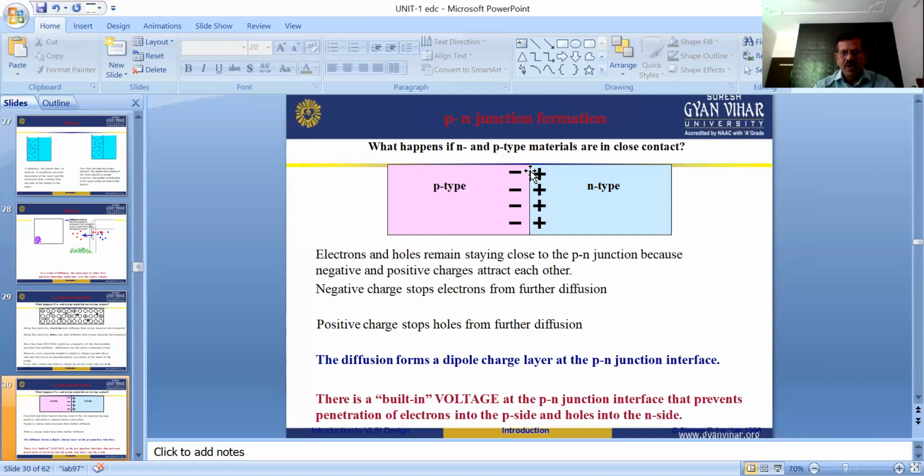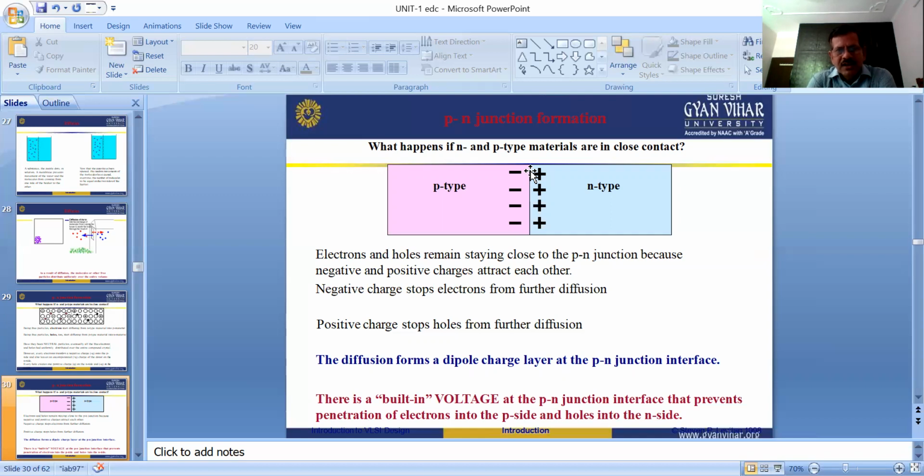This immobile charge layer is called the depletion layer. The depletion layer forms across the junction, and there are immobile charge carriers: on the P side, the negative charges, and on the N side, the positive charges. So the electrons and holes stay close to the P-N junction because negative and positive charges attract each other.